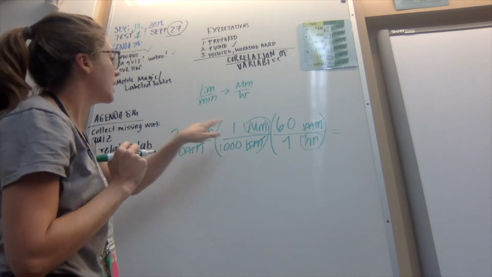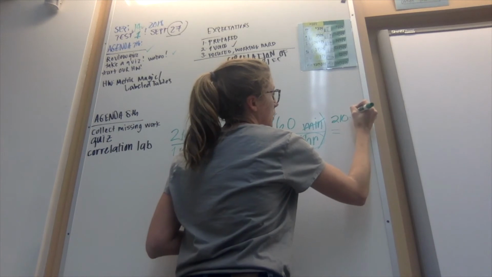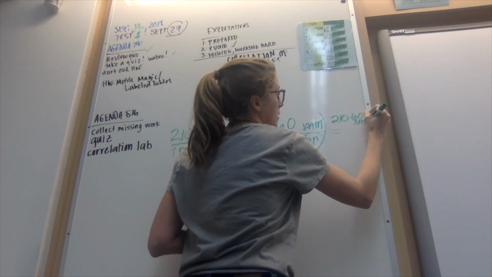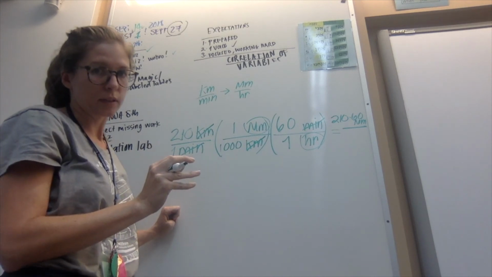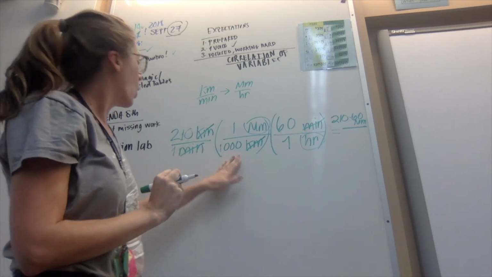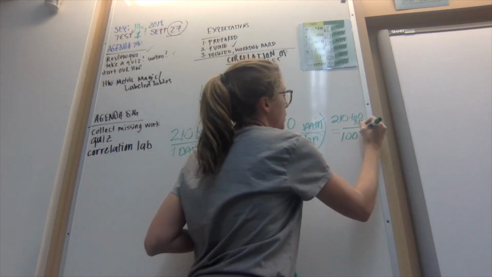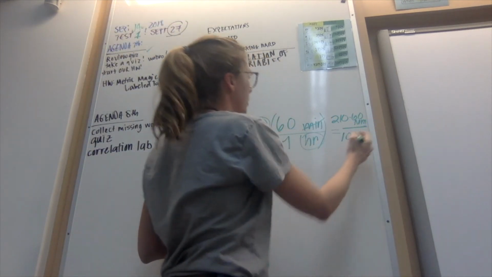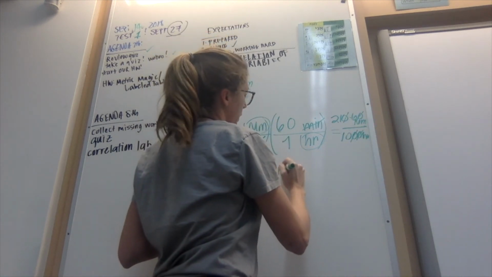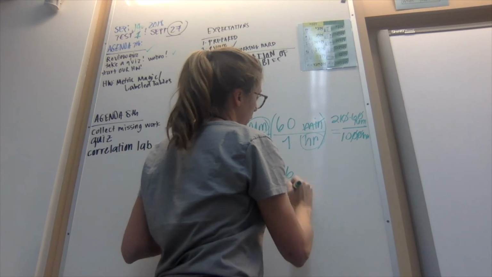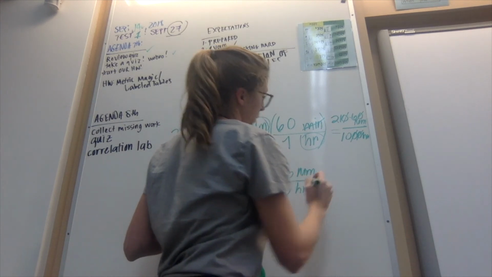So now I'll go 210 times 60 megameters. And it's enough to just leave it like that. You don't have to do the multiplication for this. Over 1 times 1,000 times 1 hour. So 1,000 hours. Oh, and I probably had some zeros I could cancel. Great. So 21 times 6 over 10 megameters an hour.